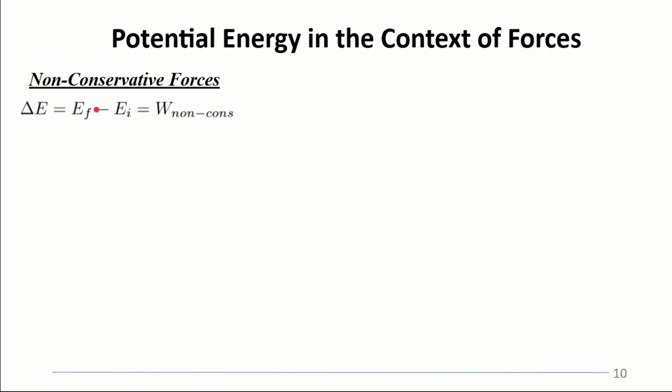And the way we write this is that the change in total energy of the system is equal to the work of a non-conservative force, as you can see here. And again, we can see clearly that forces that are non-conservative are not going to conserve energy. So that means that E_f and E_i are going to be different from each other. And in the case of this class, we'll see that friction is going to be the major non-conservative force we're going to be dealing with.